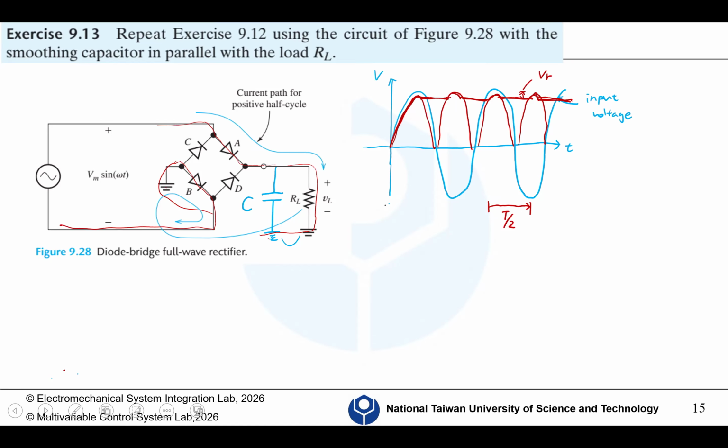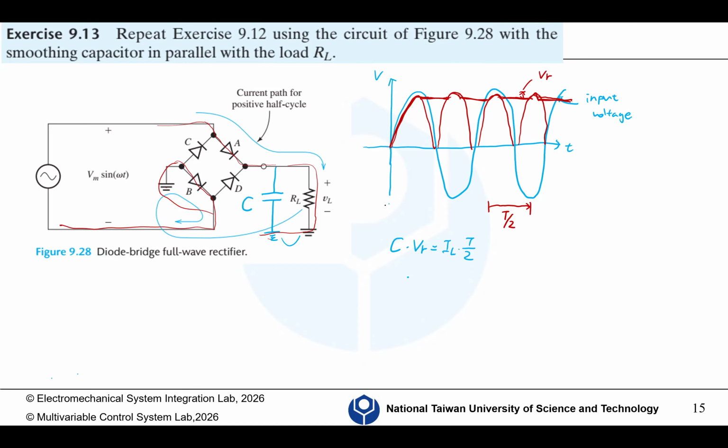So if we want to estimate the value of capacitance, we have C times VR equals IL times, but right now the discharge time becomes half of T, so times T over 2.